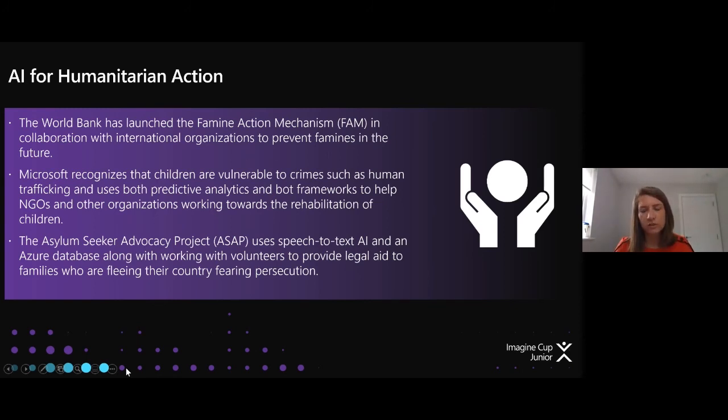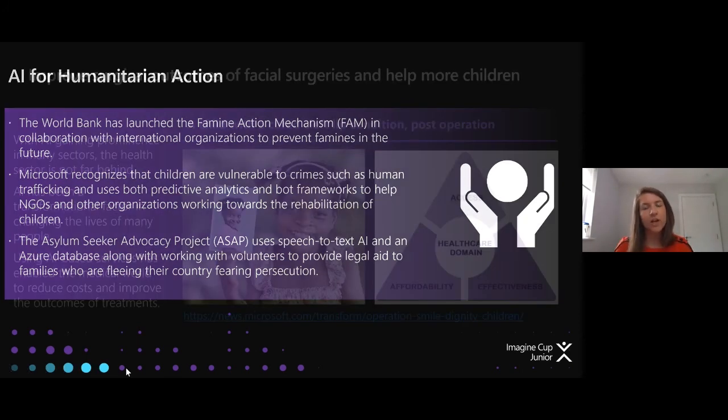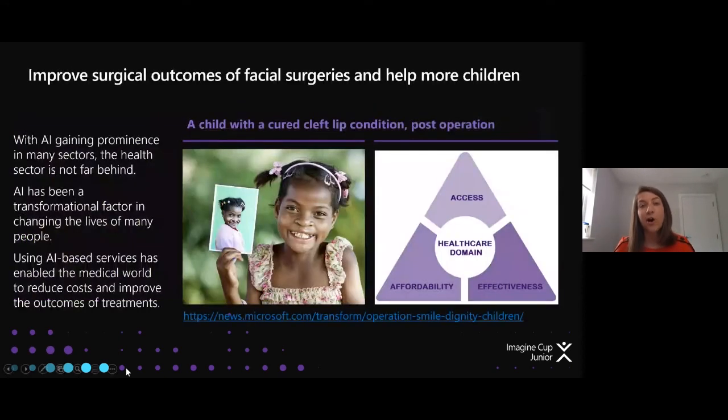So really useful. But one I really like that was highlighted in the video was Operation Smile, and you can see a gorgeous picture there on the slides. With Operation Smile, they're able to use Microsoft technology and AI to help with their services, not only in terms of being really effective, but being able to look at images and use algorithms to help them model and improve their services all the time.